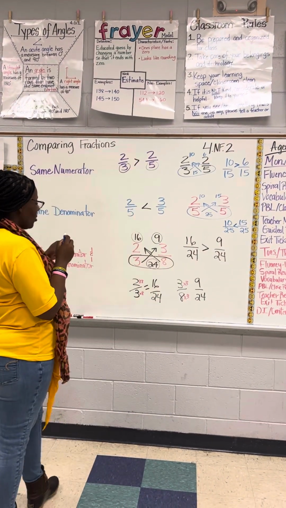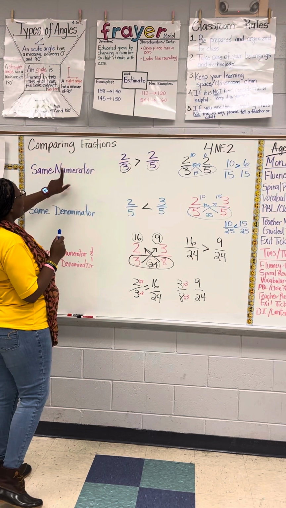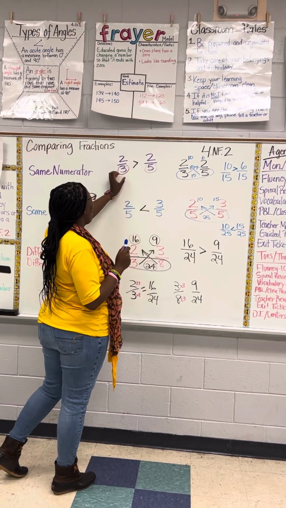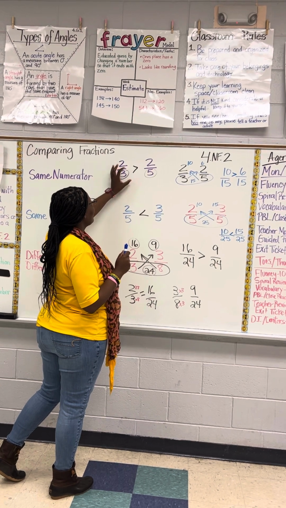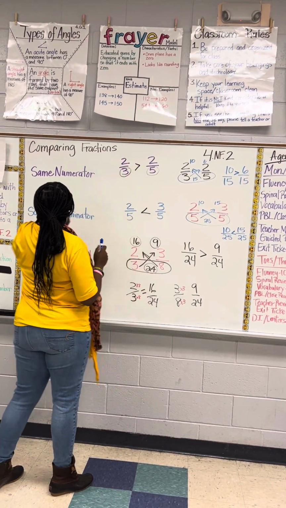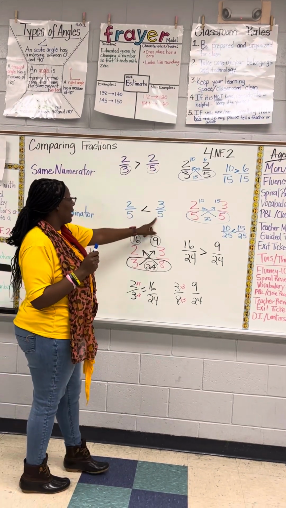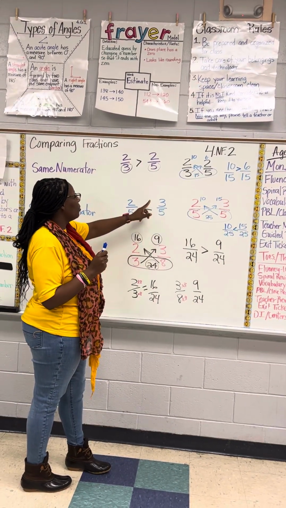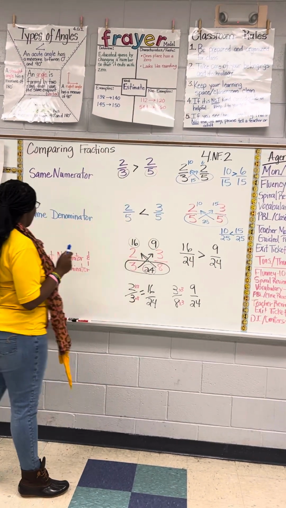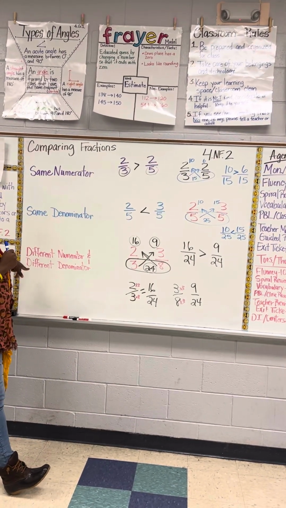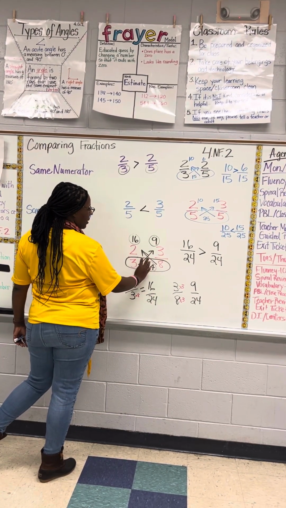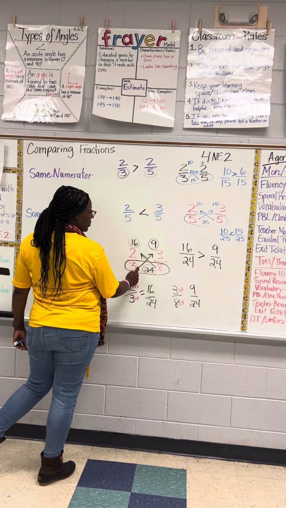Okay, I'll say it one more time. If they have the same numerator, go with the smaller denominator. That's the greater fraction. Okay? If they have the same denominators, just look at the numerators and go with the larger numerator. And if they have a different numerator and denominator, all you got to do is cross multiply 8 times 2, 3 times 3.